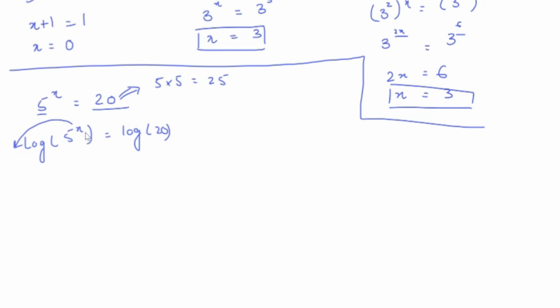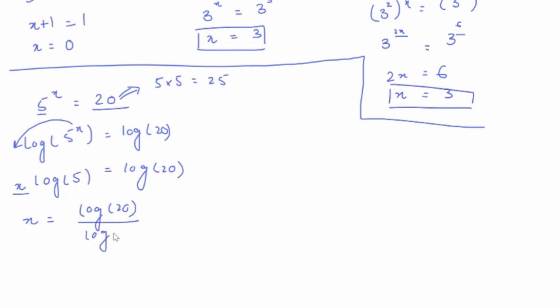So here we have 5 power x, and we can take x out and just write it like this. Now we needed the value of x, so we would keep x here and shift everything else to the other side.